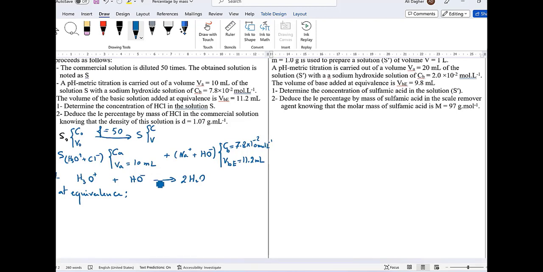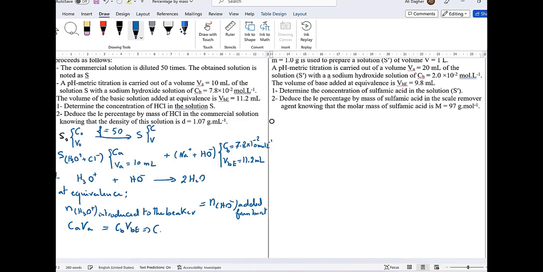Then, number of mole of H3O plus introduced to the beaker equal to the number of mole of HO minus added from the burette. We replace number of mole of H3O plus by CaVa and number of mole of HO minus by CbVBE.